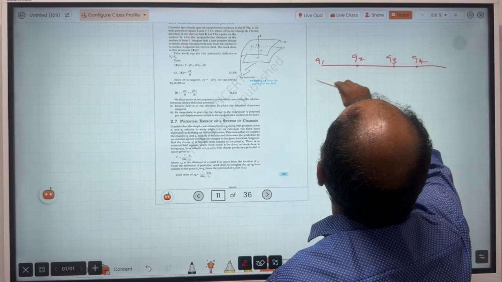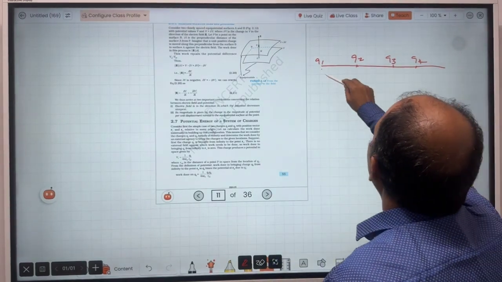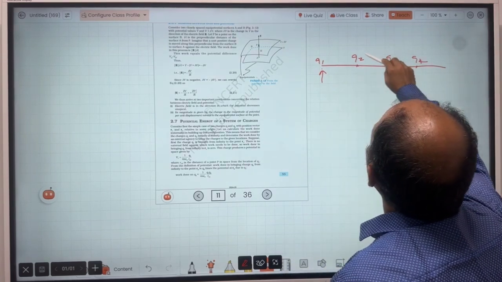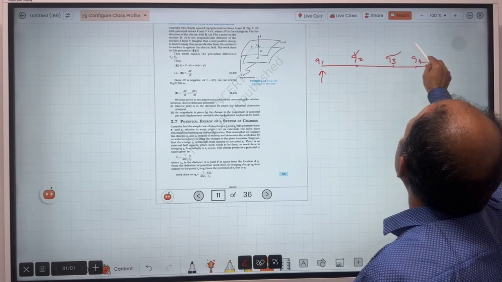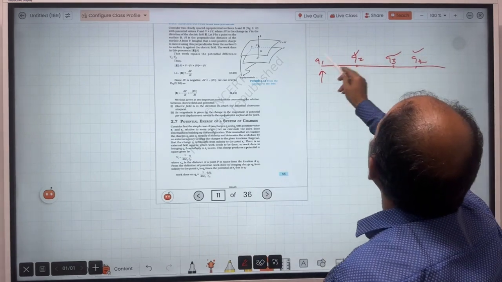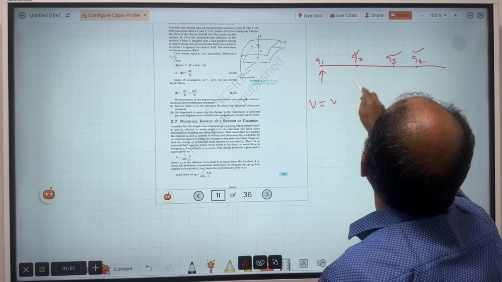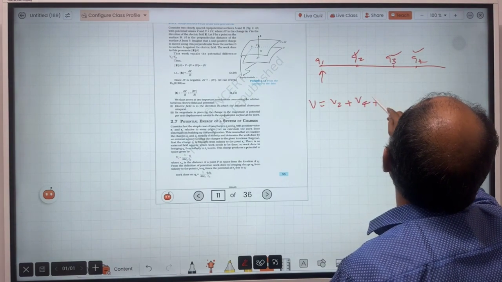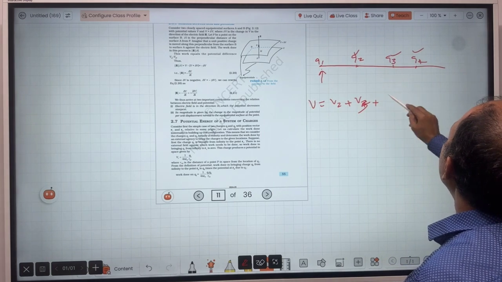At which point do you want to find potential energy? That depends. Suppose at this point you want to find potential energy, then you have to consider the potentials due to these three charges separately, and the combined potential at this point, say V, is V2 plus V3 plus V4.